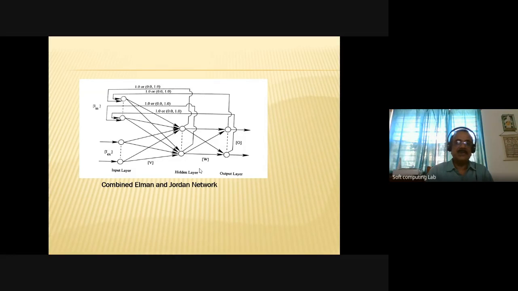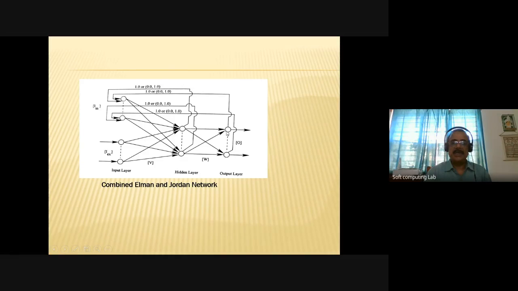Now, if you see the literature, the combined thing is also available, where we take the feedback not only from the hidden layer, but also from the output layer, and those feedbacks will be fed as internal input. This will once again come to the input of the hidden layer, and once again it will pass to the transfer function of the hidden layer. We will be getting the output, which will be multiplied by the corresponding connecting weights.